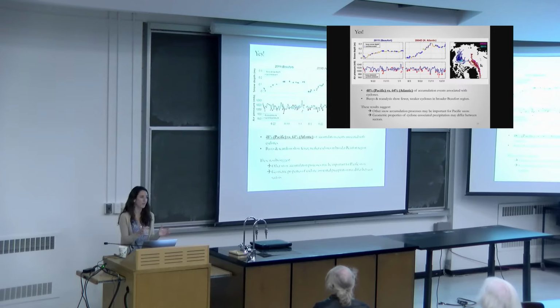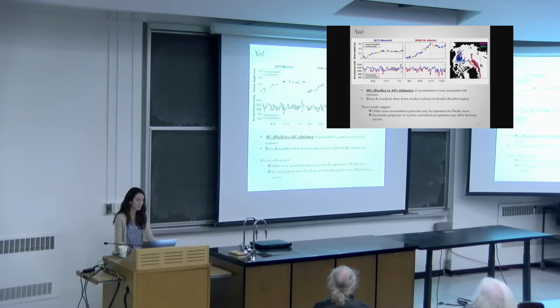Overall, this really points to the differences in the atmospheric processes between these two regions. In the Pacific, you have weaker storms, so you can look at the sea level pressure of these two buoys, and there's definitely lower pressure associated with these cyclone events in the North Atlantic compared to the Pacific cyclone events.